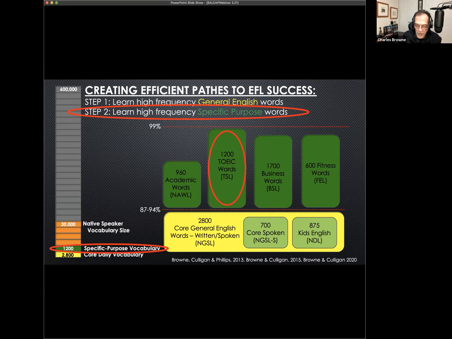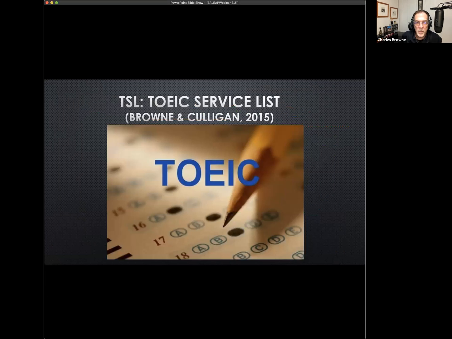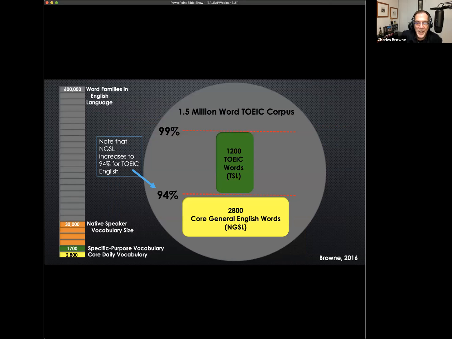The NAWL gave 92%, but with our TOEIC Service List, which was published in 2015, that's the correct date, we're actually able to get an astonishing 99% coverage. That shouldn't be possible because we're talking only a total of 4,000 words, 2,800 NGSL words and 1,200 TOEIC words.